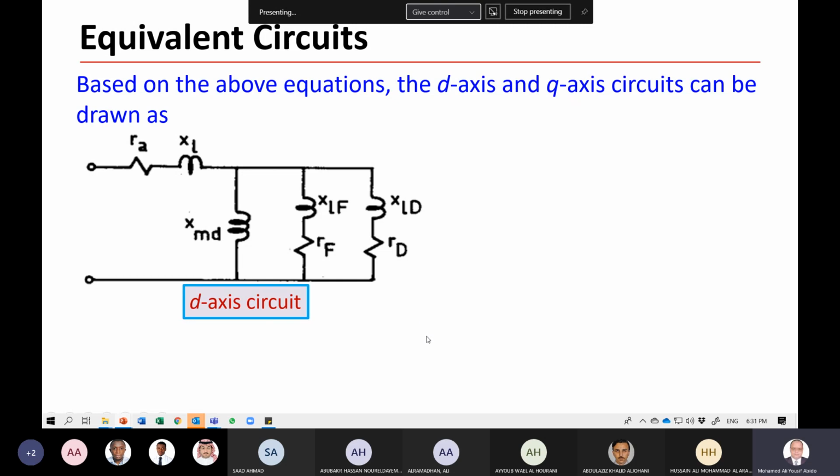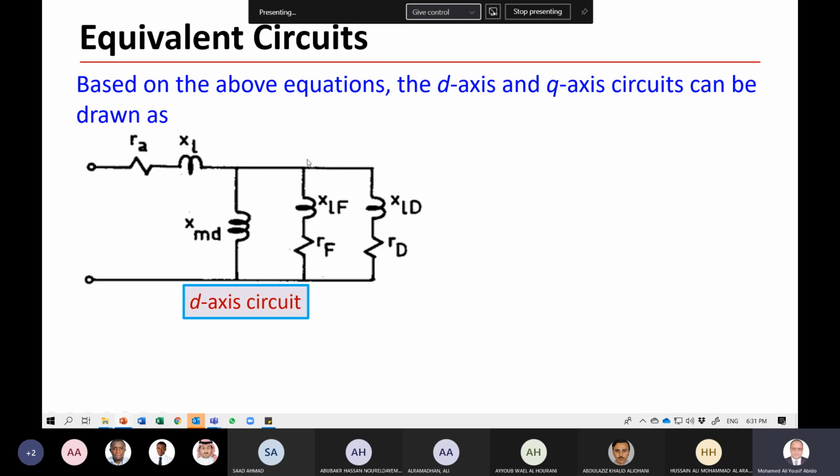So usually we can approximate the winding or the equivalent circuit in the direct axis as such. It is not a physical connection between these, but this is just an approximation.